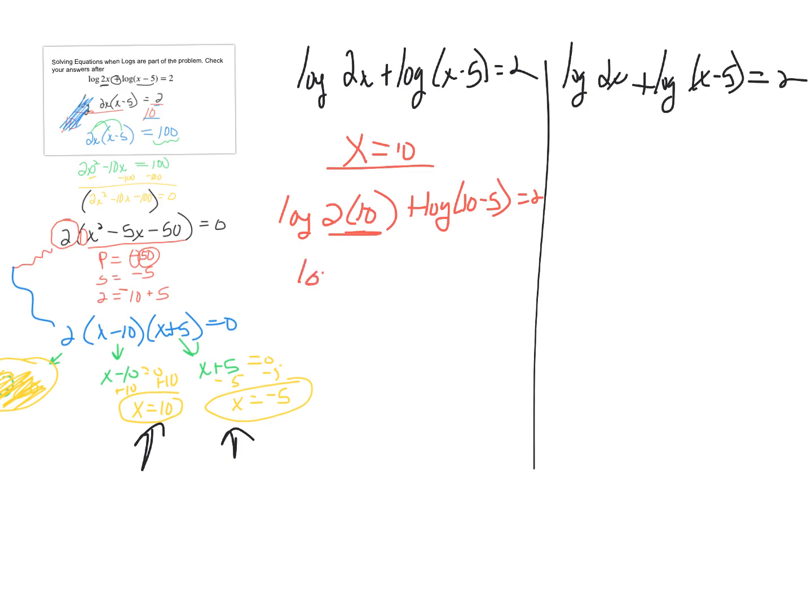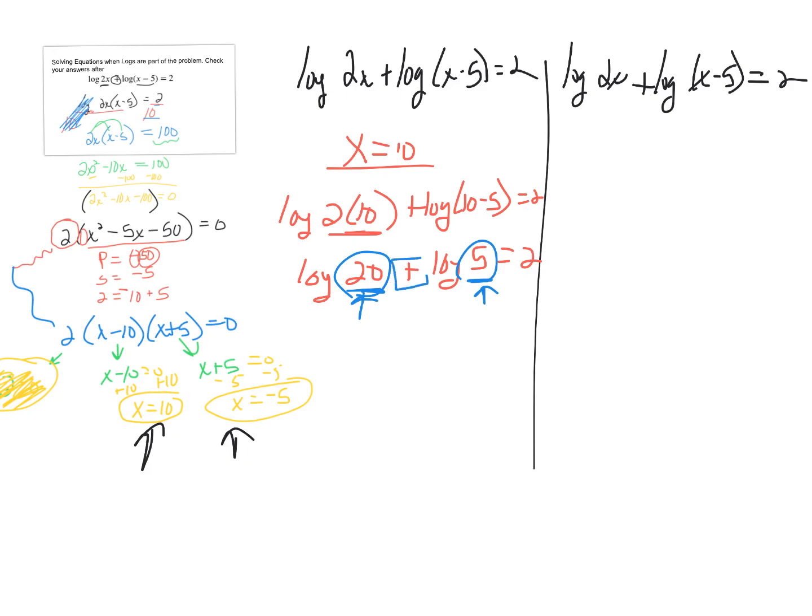So we're going to get log of 20 plus log of 5 is supposed to equal 2. Now, again, what I'm looking for here is making sure I don't get any negatives, because you can't have a negative with a logarithm. It doesn't work. You try it on a calculator, type log of negative 50, you get a domain error. So since these are positive here, I'm good to keep going.